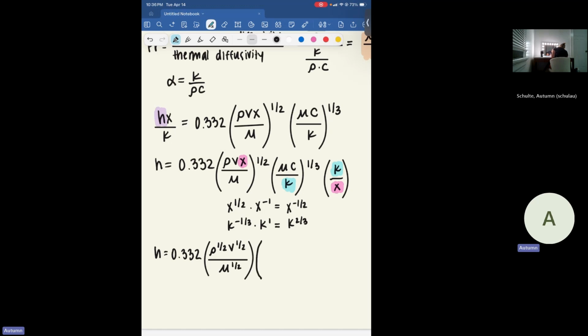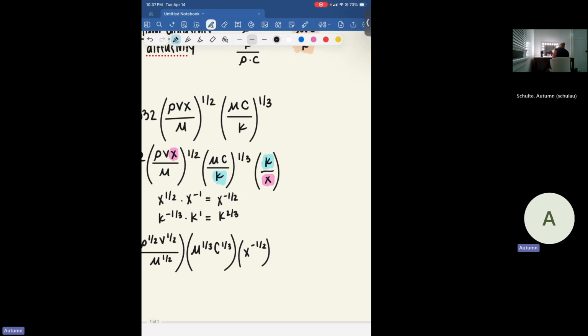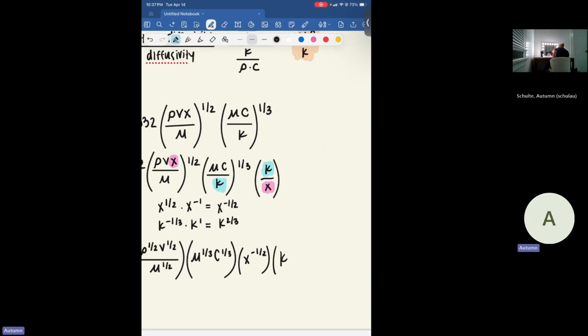This is multiplied by our viscosity to the power of 1/3, our heat capacity to the power of 1/3, multiplied by x to the power of -1/2 and k to the power of 2/3.